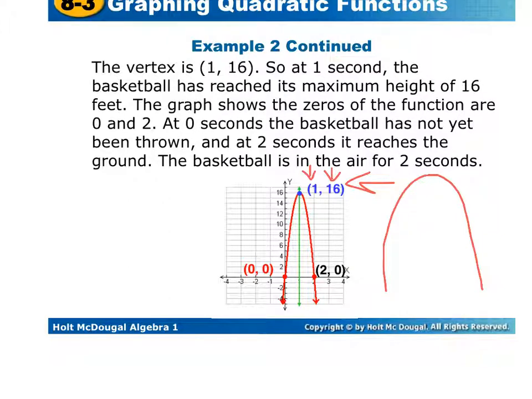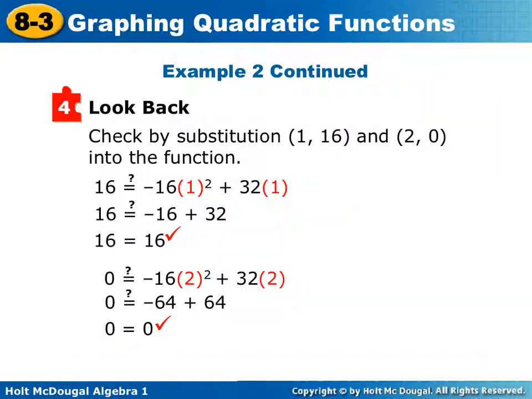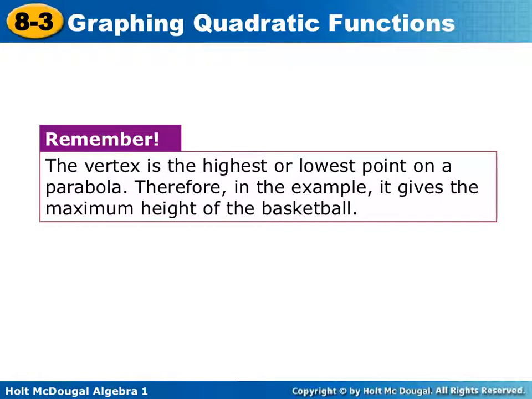So when you're asking how high does it go, it's the y of the vertex. How long it took to get there is the x of the vertex. And then to get back down to the ground, you would just take that x and times it by 2, or find your intercept down here. So that's how you can model a real world application.